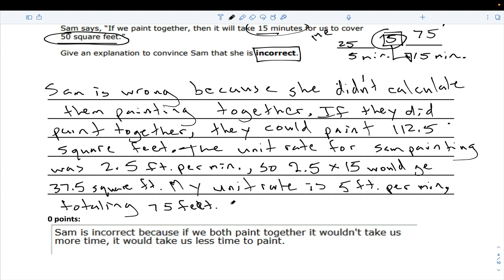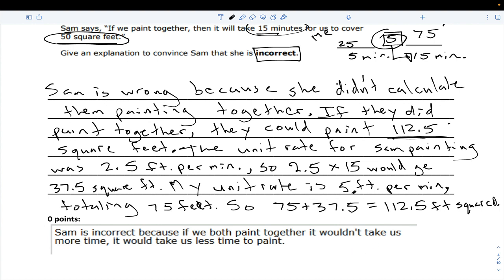Last thing you want to prove to them is the total square footage you would actually do. We'll restate it up here. I'm going to put that calculation in the problem, and I will say 75 plus 37.5 equals 112.5 feet squared. We are done.